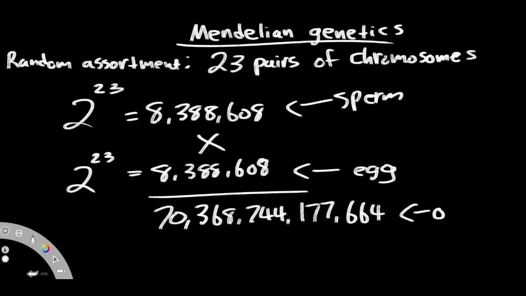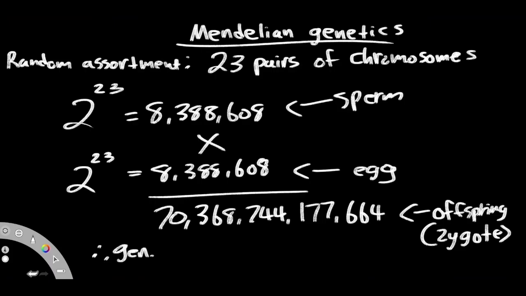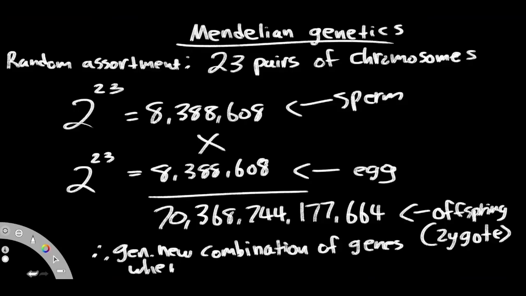All right, so this is for the offspring. If you want to be even more precise, we can say the zygote, right? So therefore it generates a new combination of genes when they're located on different chromosomes.